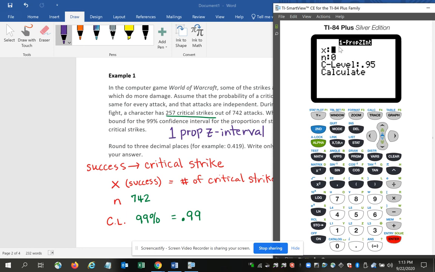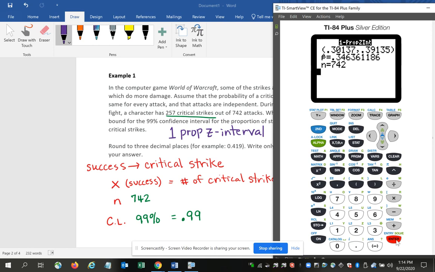Then I have to tell it how many successes did you have, which was 257. So we enter 2, 5, 7. n was the total, 742. And we want to do a 99% confidence level. Then I arrow down and highlight the word Calculate, and I enter.